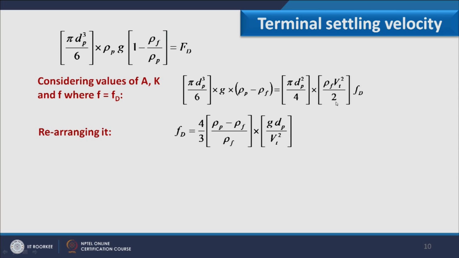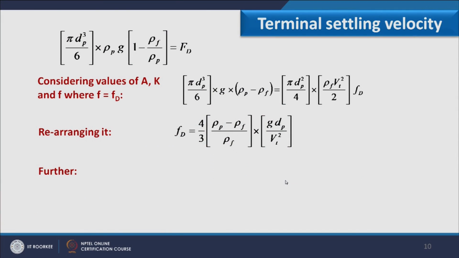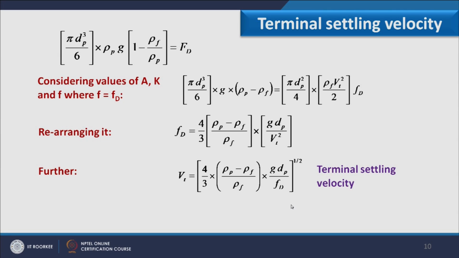If you see this expression, here we can write Vt. This Vt will represent the velocity of the particle, and that comes under the kinetic energy term. From this equation we can derive the value of Vt in terms of the drag coefficient. So, this is the expression for terminal settling velocity.